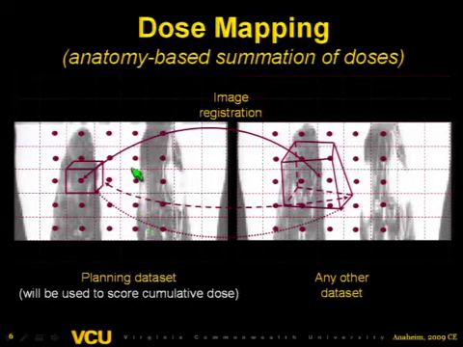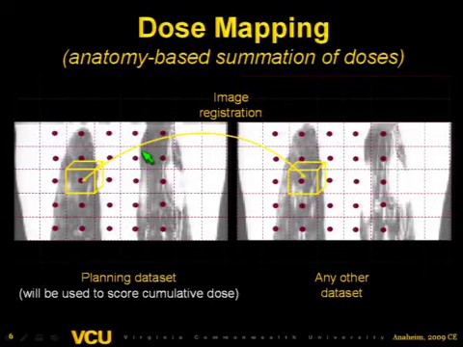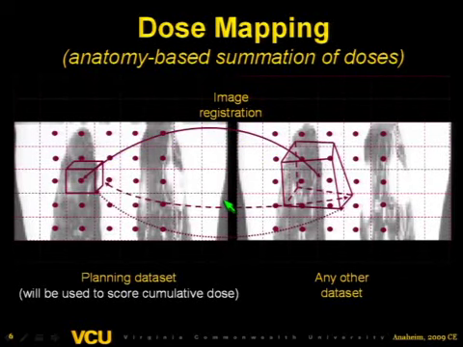Superimposed here is the dose computation grid, and the dots are indicative of the center of all these dose grid voxels. Dose mapping basically is an anatomy-based summation of doses as opposed to just adding up doses from corresponding voxels.